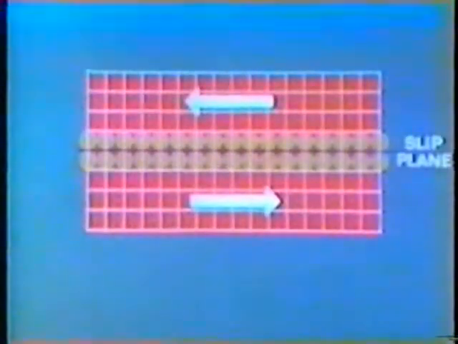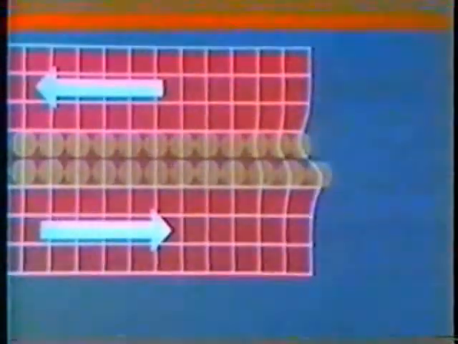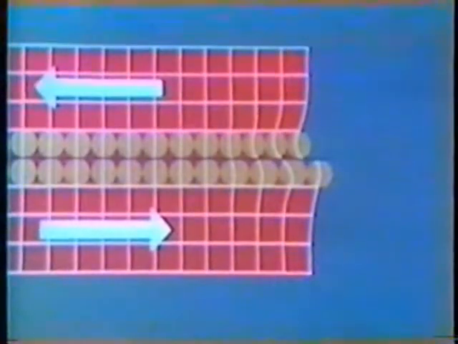If one examines a cross-section of one quadrant of the crystal model, it is clear that by applying enough stress to the rows of atoms lying above and below the slip plane, a point can eventually be reached where the attractive force of the next nearest neighboring atom in the lower part of the slip plane is greater than that of the nearest atom. When this occurs, the first line of upper atoms will join the second line of lower atoms.